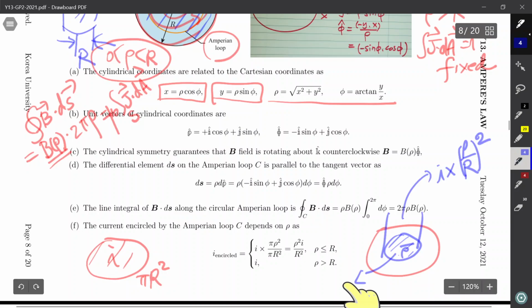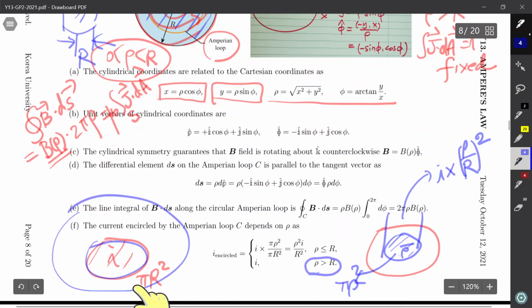This area is pi rho squared. And when rho is greater than r, any curve encloses current I. They are fixed.